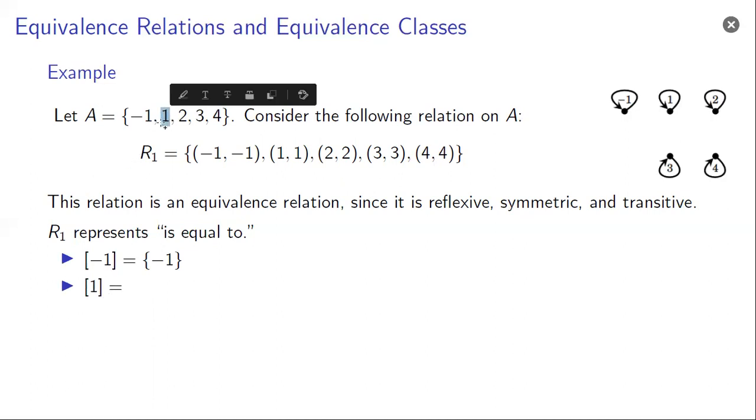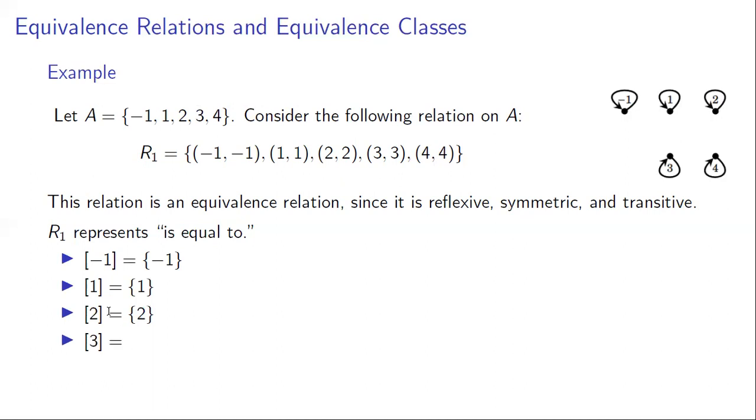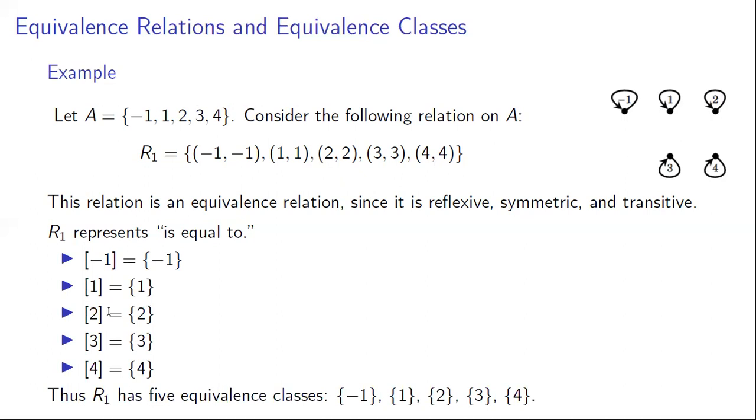The only thing that's related to 1 is 1 itself, so it's this set. Similarly, the equivalence class containing 2 is just the set containing 2. The equivalence class of 3 is just the set containing 3, and the equivalence class of 4 is just the set containing 4. Thus, R1 has 5 equivalence classes, right? These are the 5 equivalence classes of R1.